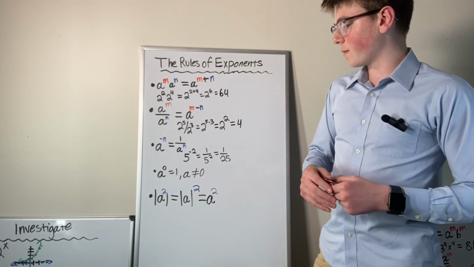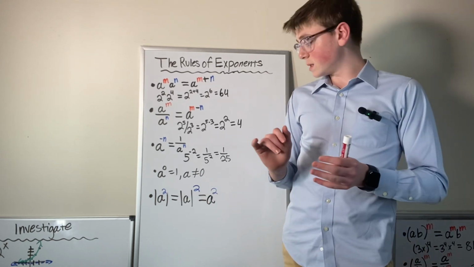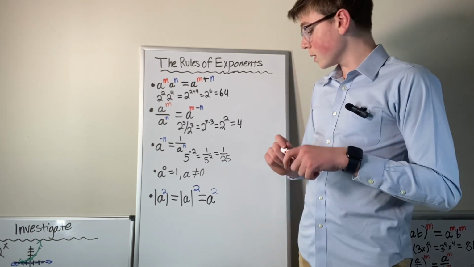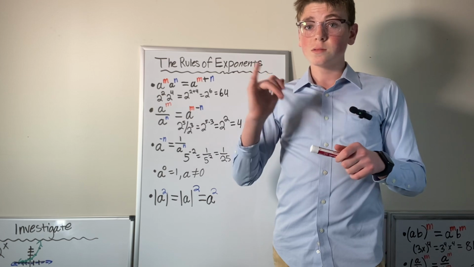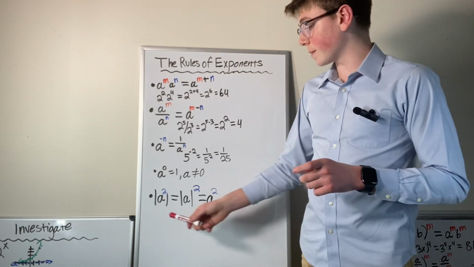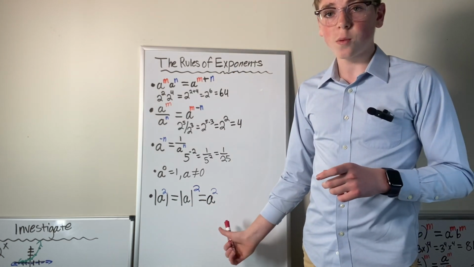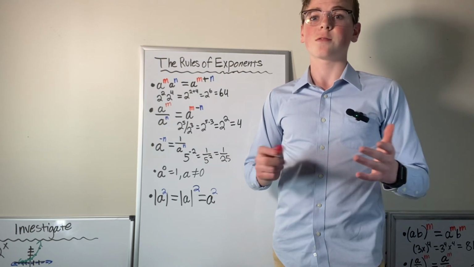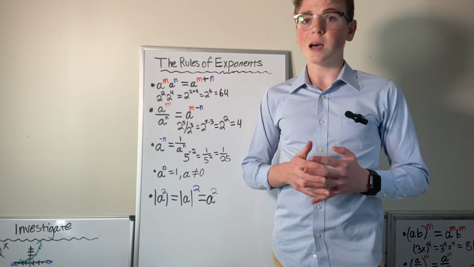Then the absolute value of a squared is equal to the absolute value of a, quantity squared, is equal to a squared. Because the absolute value will make it positive, but the squared will make it positive anyway, like a negative 3 times a negative 3 is a 9.